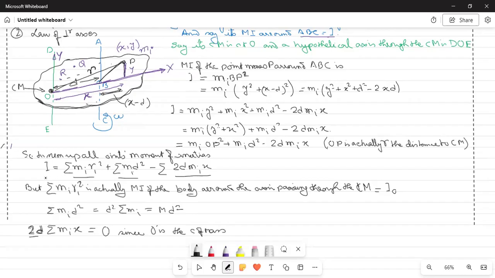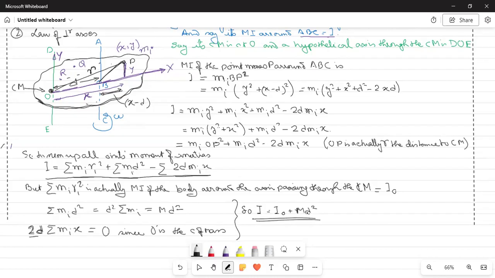So what does this relation turn out to be? I put it this way: I is equal to I0 plus Md². This is the final way.